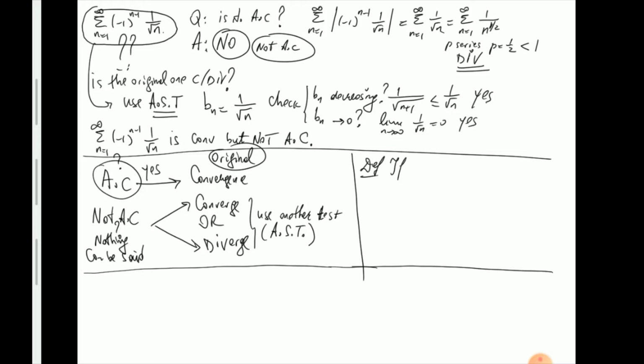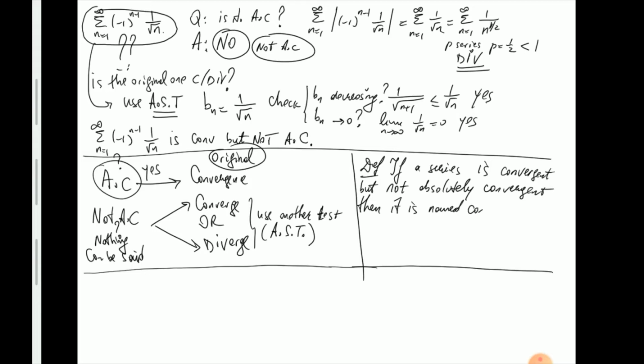If a series is convergent but not absolutely convergent, then it is called, or it is named, conditionally convergent, or CC. It's just a matter of terminology, basically.